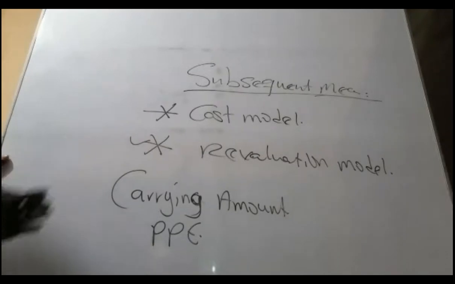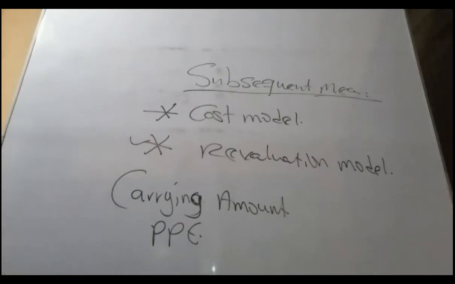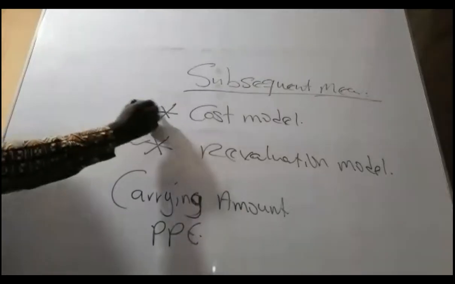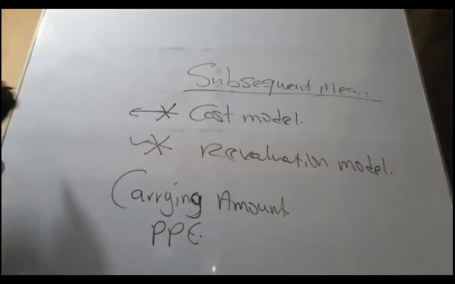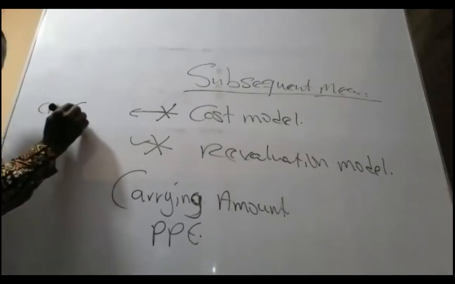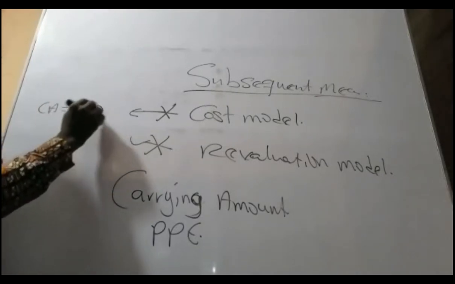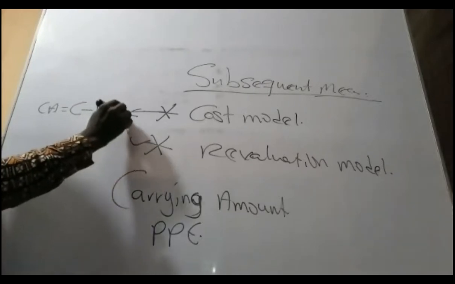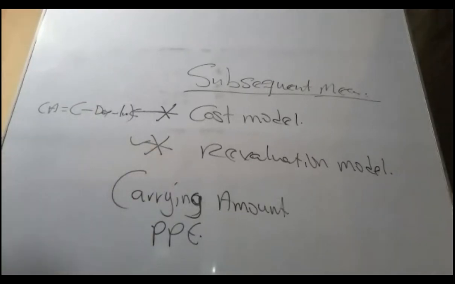So the cost model will say that bring the cost of the asset less accumulated depreciation and any accumulated impairment loss. If you want to determine the current amount of the asset, relax. Bring the cost of the asset less any accumulated depreciation, any accumulated impairment loss. That is the cost model.